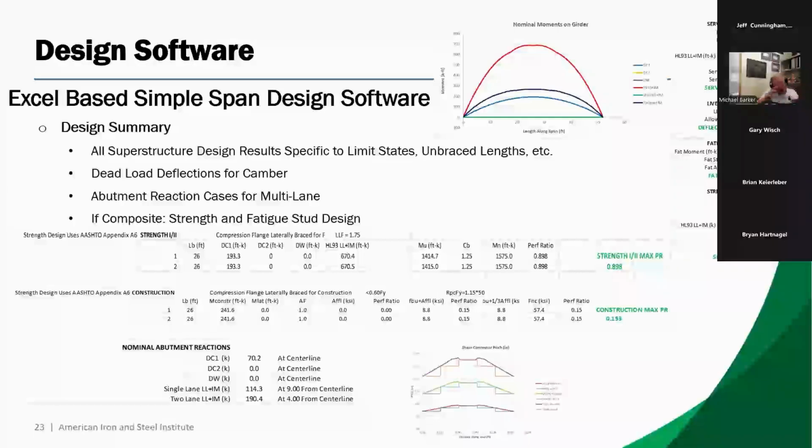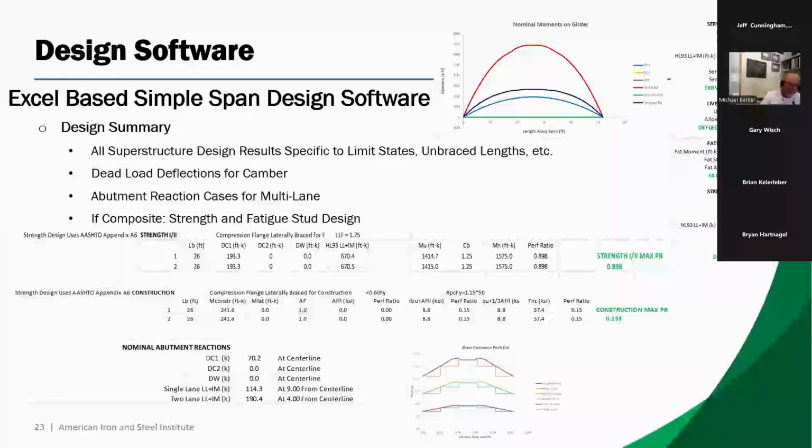Okay, and then so after we do this, and again, this just takes a matter of minutes, the inputs are pretty easy, it gives you a design summary that the engineer needs to look at to verify the design, and it's going to look at all the superstructure design results specific to limit states and unbraced lengths and everything else. It shows dead load deflections for camber.